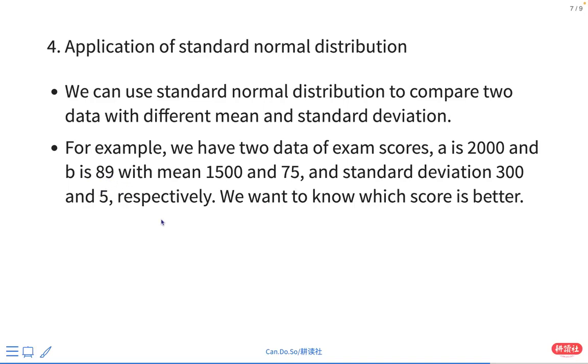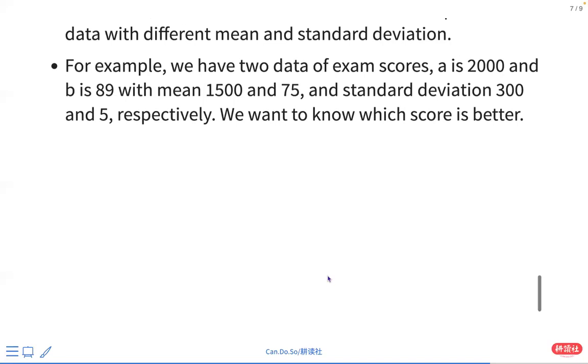But their measurements are very different. A's measurement has a mean of 1500 and a standard deviation of 300, and B has a mean of 75 and a standard deviation of 5. So we want to know which score is better. Is 89 better or is 2000 better? We can take a guess.